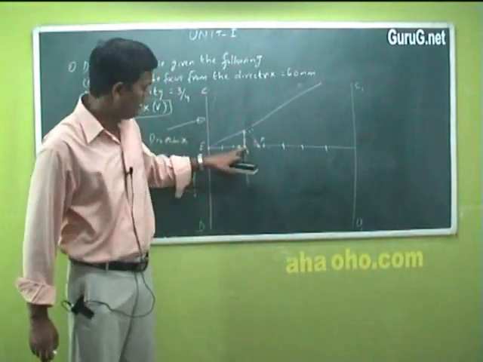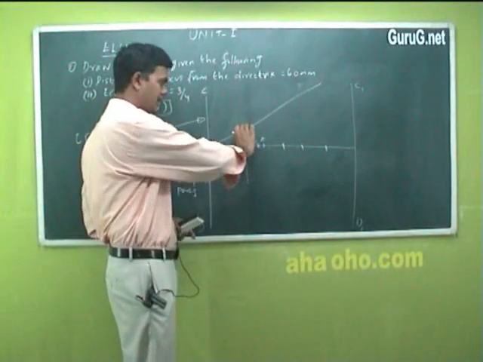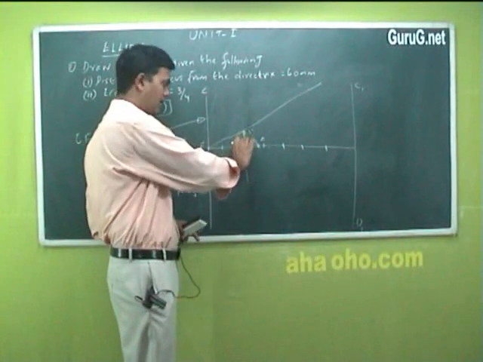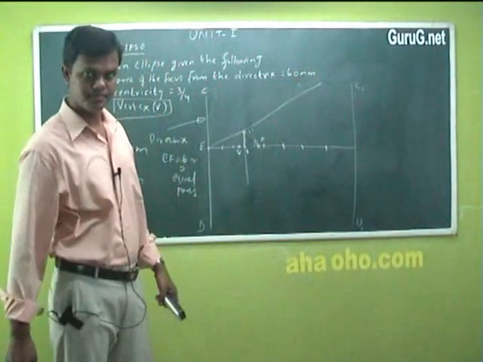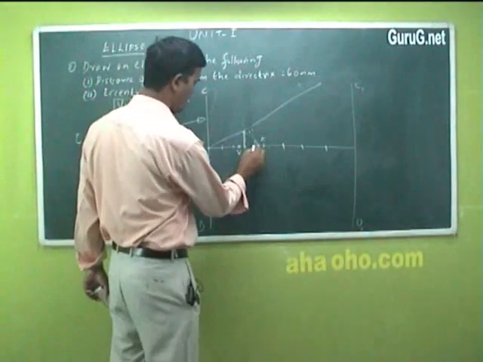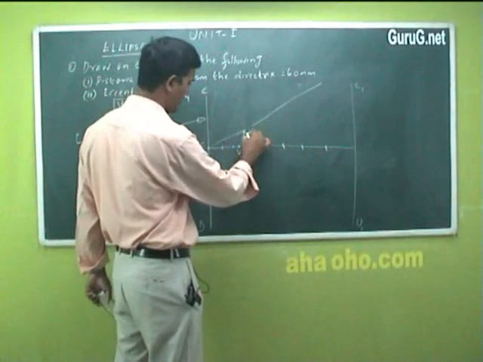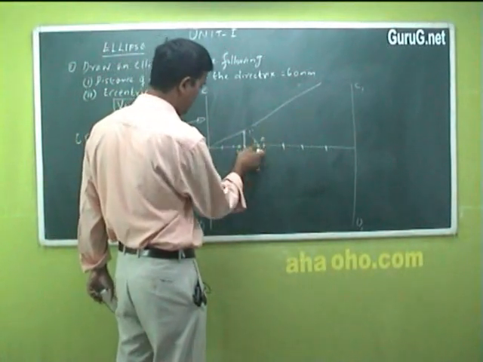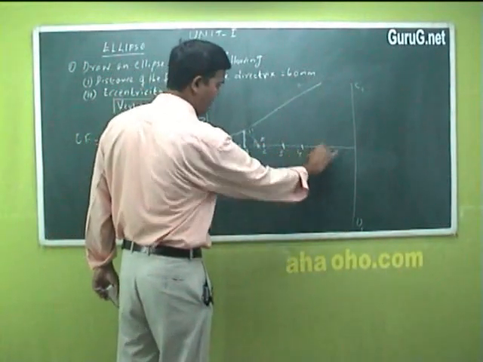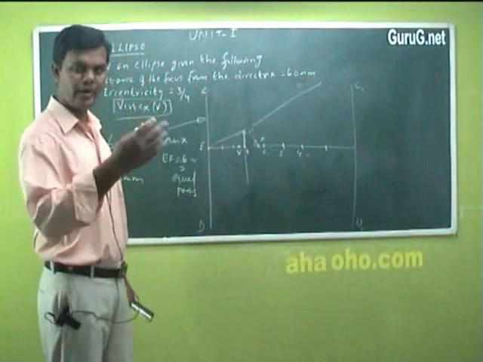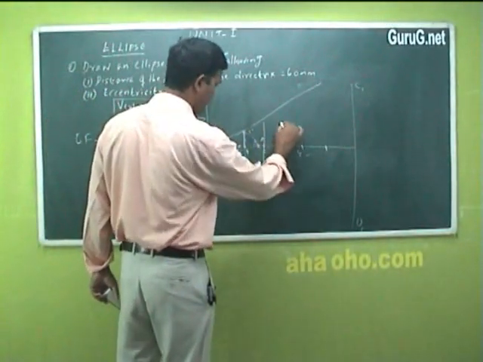I choose an arbitrary point 1, measure from F and take an arc, make a perpendicular line from here, and join this with the main line. So every point you can choose, and make an arc by taking this measurement. This may be point 1, then 2, 3, 4, and so on. It goes on. You take as many points as you can, and for every point I can make a line.